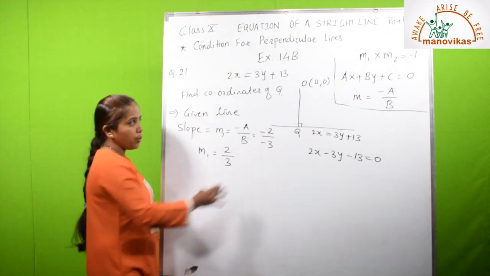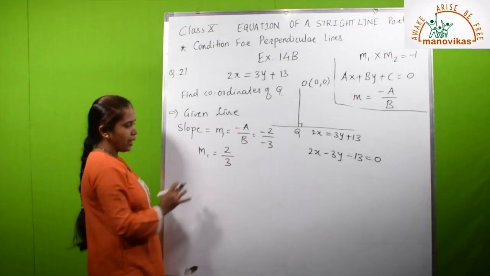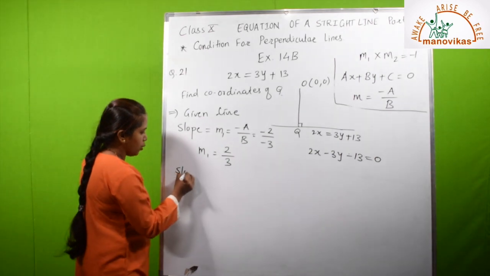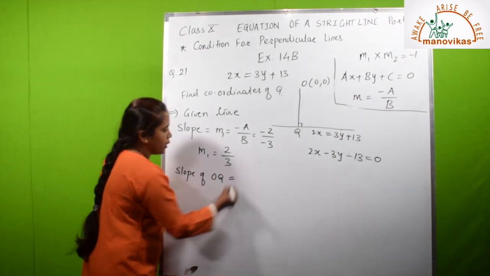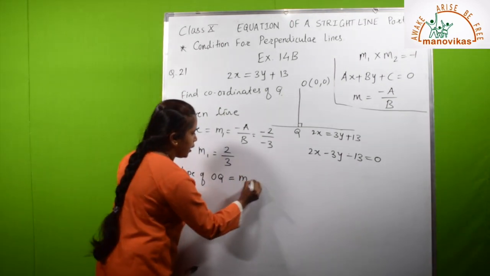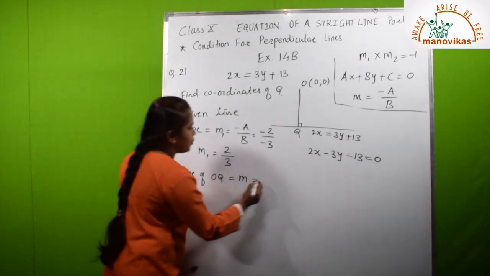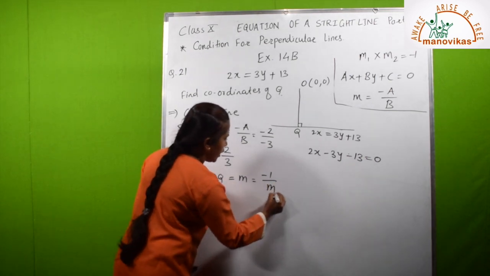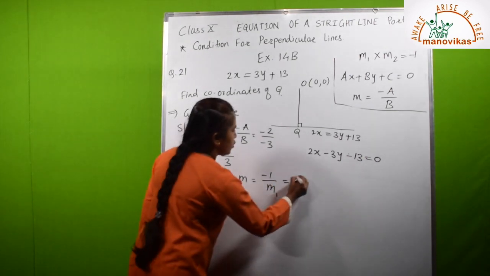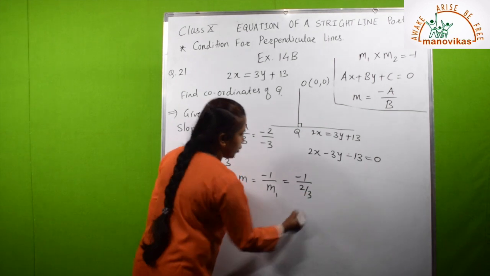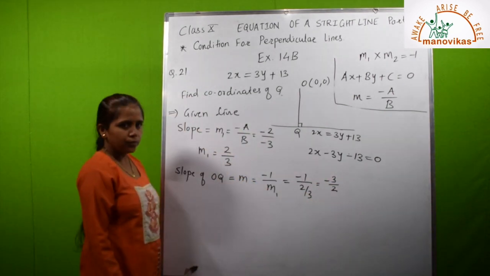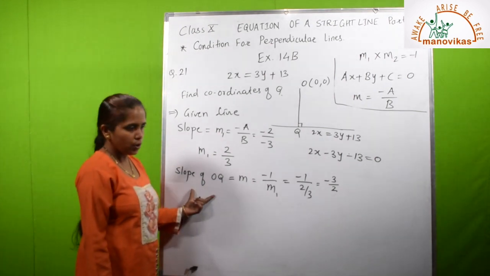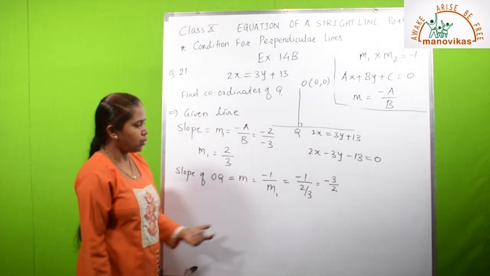What will be the slope of the line perpendicular to this line? Suppose m is the slope of OQ. So m = minus 1 upon m1, that is minus 1 upon 2/3, which we can write as minus 3/2. We got the slope of OQ as minus 3/2.